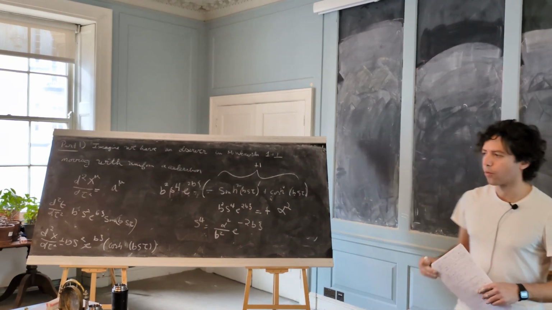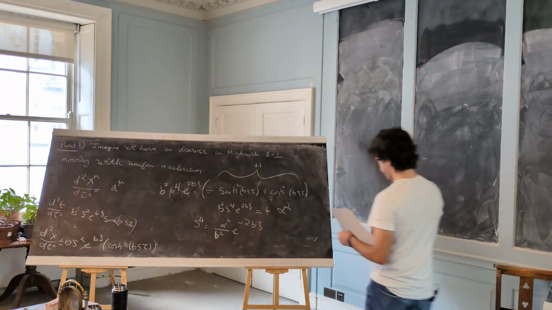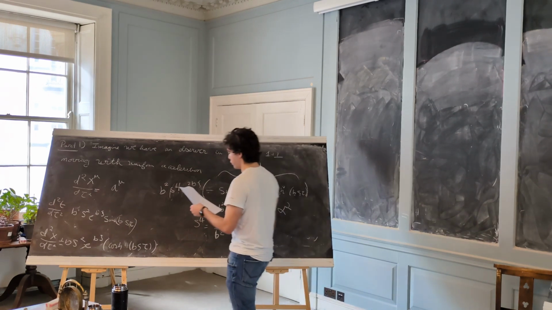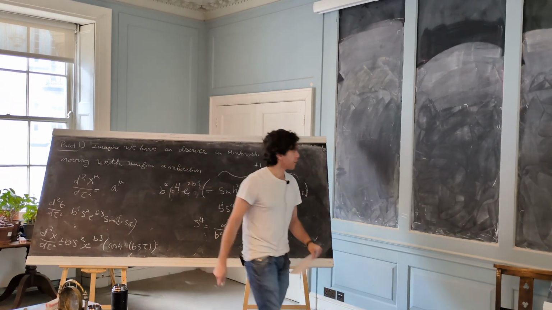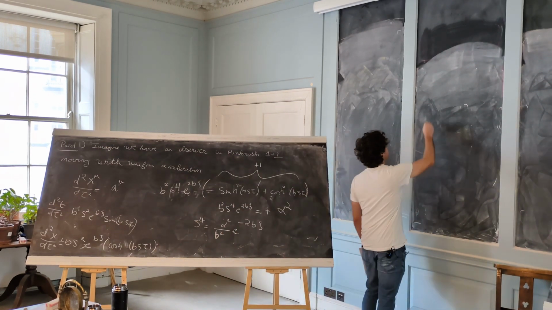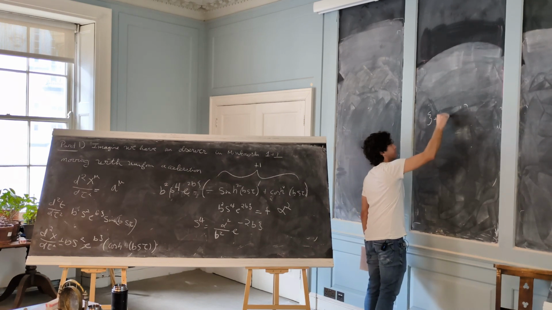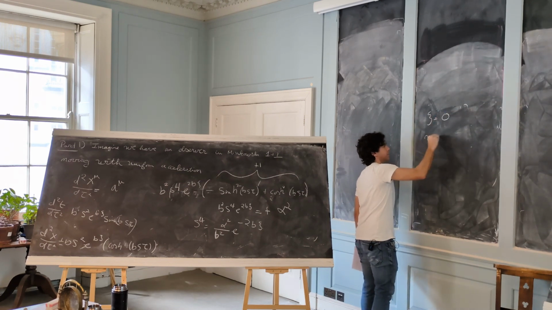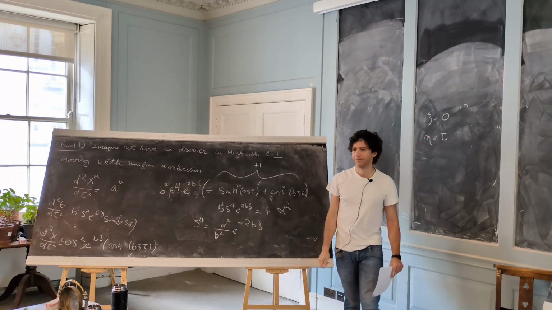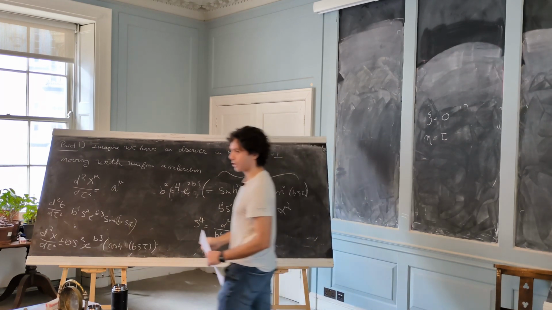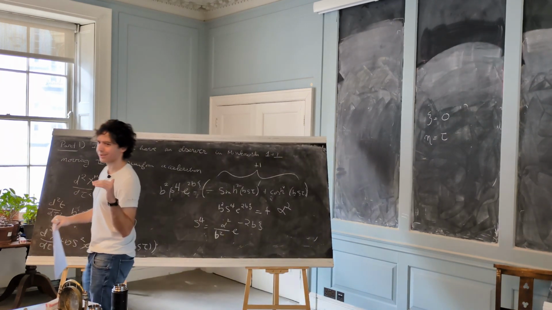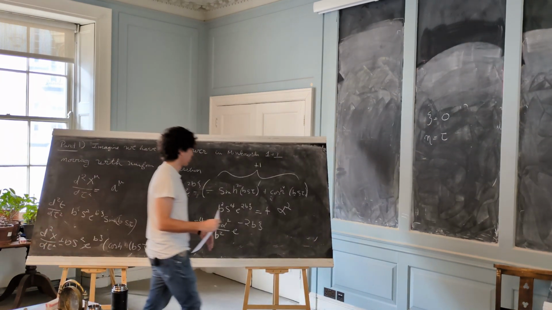So one way to do it is to demand that for xi equals 0, eta is equal to tau. It's one choice. We can make some choices. So this is the choice that I'm going to make.